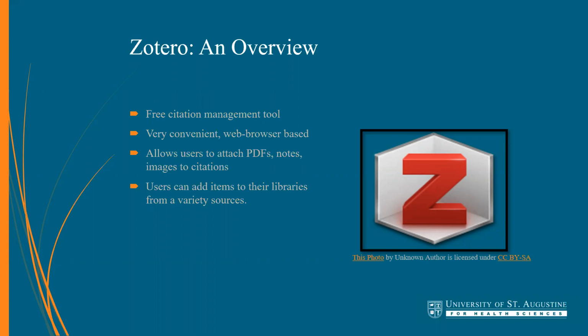Zotero is really great because it's super web friendly. You can easily store web pages, audio, and video files. You can move existing PDFs that are on your computer into your library, images as well.